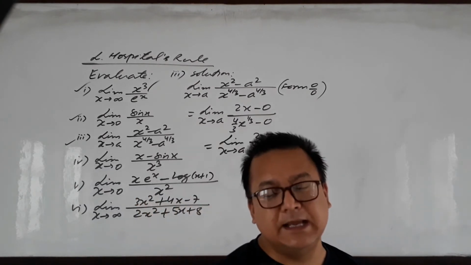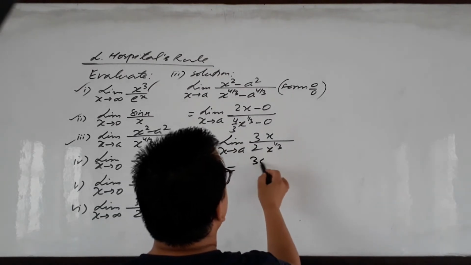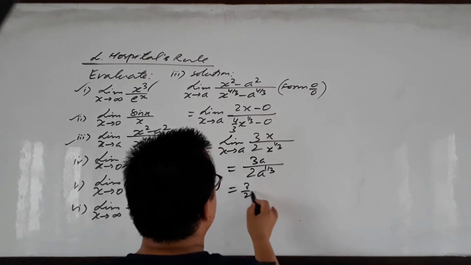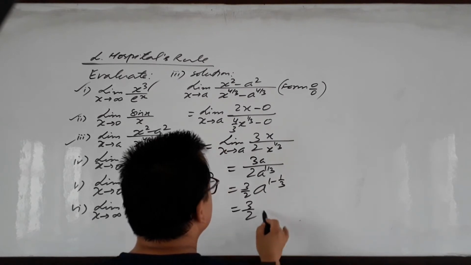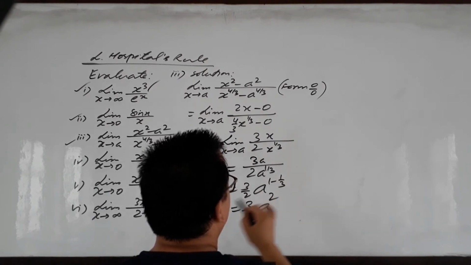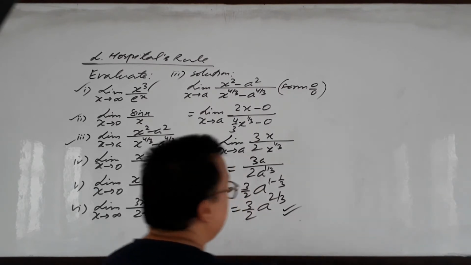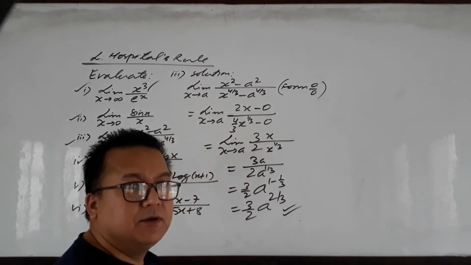This way you can get the answer, right? So simply the limit is 4/3 a^(1/3), and this one is the limit of the given function.